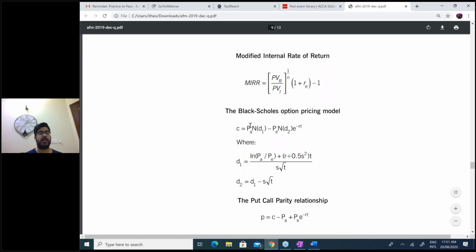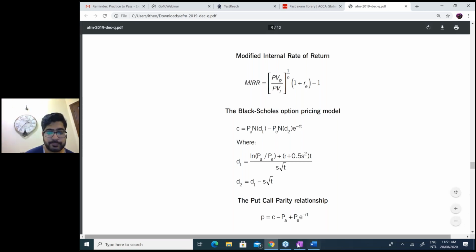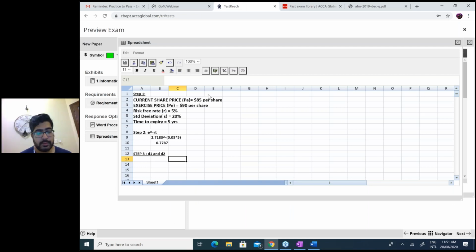See, ln, natural log, PA over PE plus R plus 0.5 S square into T over S root T. So let's find D1 first. It's ln PA. What is PA? 85 over PE 90. Bracket close.